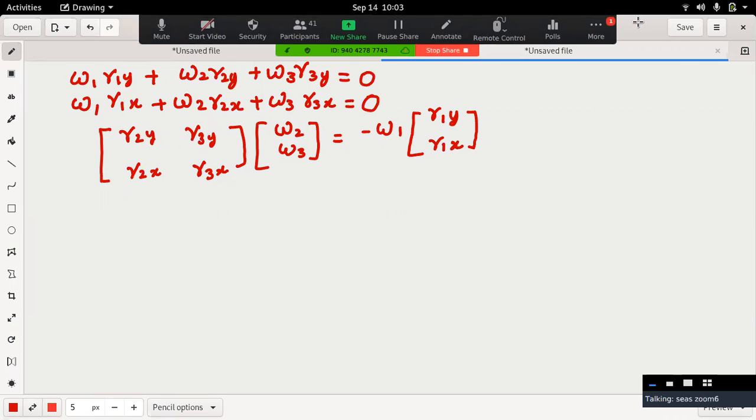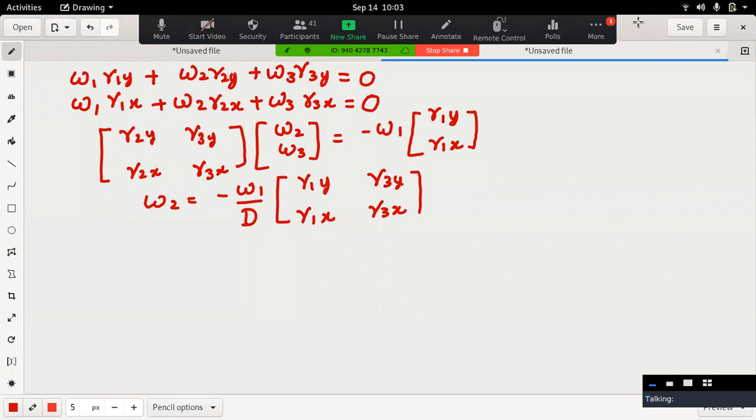For solving this equation, we can write omega 2 is equal to minus omega 1 by D, with the matrix R1y, R1x, R3y, R3x, simply using Cramer's rule. Similarly, you can write omega 3.